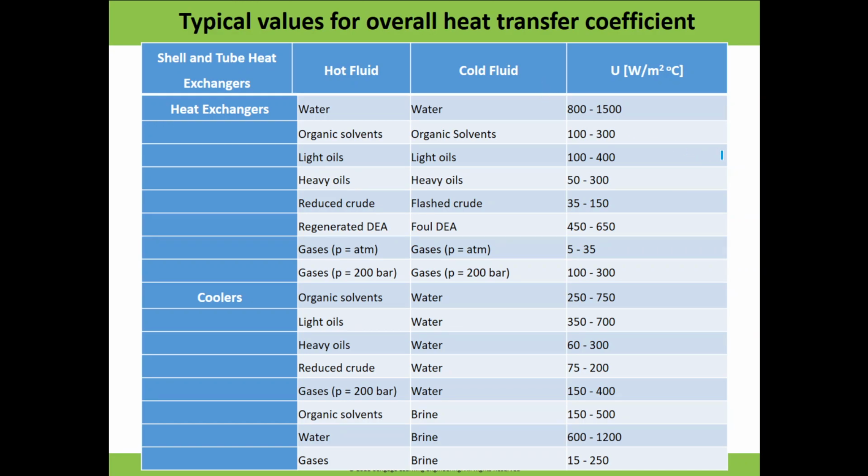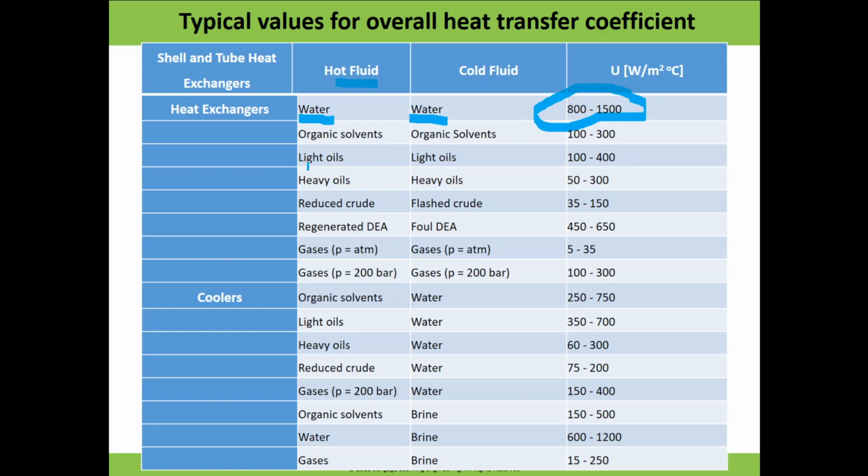So if you are thinking about what is the overall heat transfer coefficient for different types of heat exchangers having different fluids, here is the fluid combination, like the hot fluid and cold fluid. With this combination, what is the expected overall heat transfer coefficient? If you have a water and water heat exchanger, one hot and one cold, your overall heat transfer coefficient will be in this range.